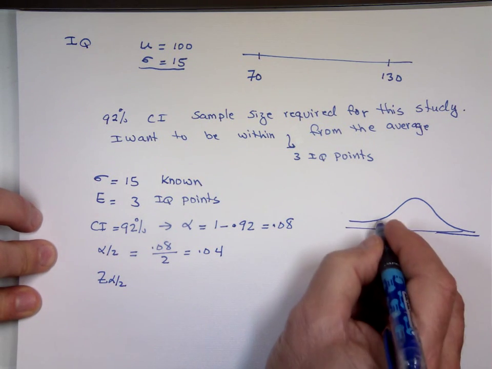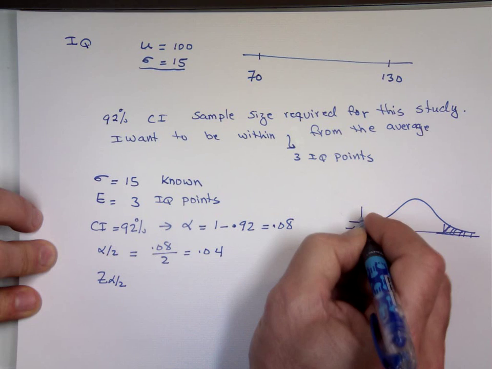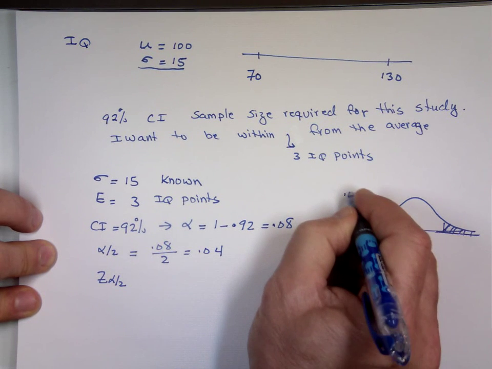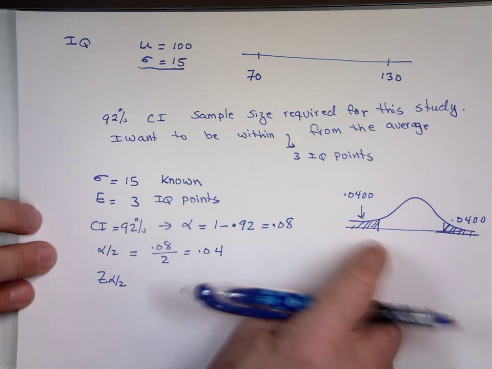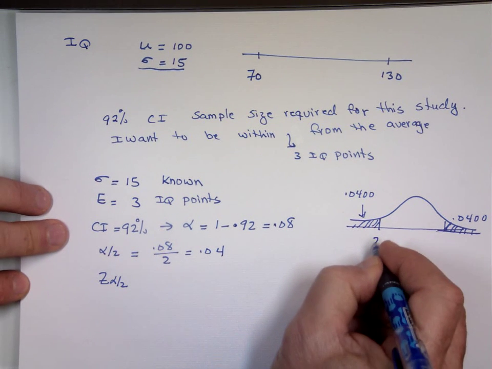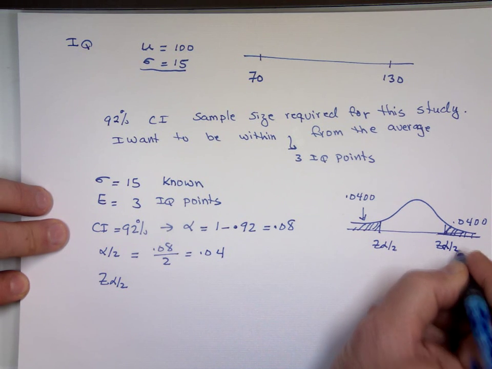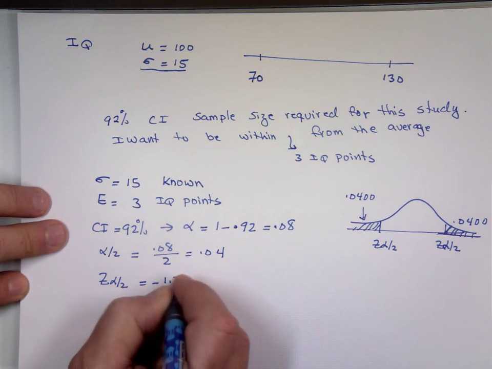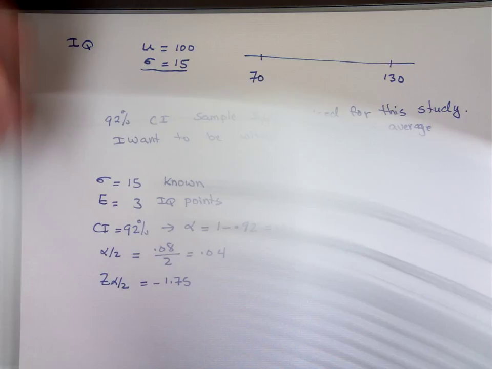Here's what I know. I know the size of this area and that area. If you look at them, each one of them has 0.0400. And they are symmetric. So if I know this number, I know that number. What is the Z value for that? Negative 1.75, Trent? Yeah, 0.04. So for people watching the video online, you get the negative Z score table.